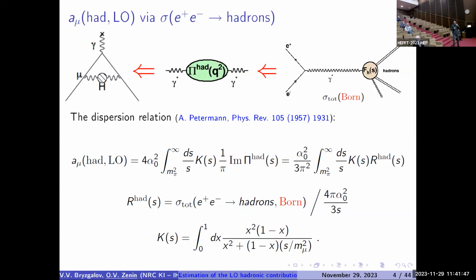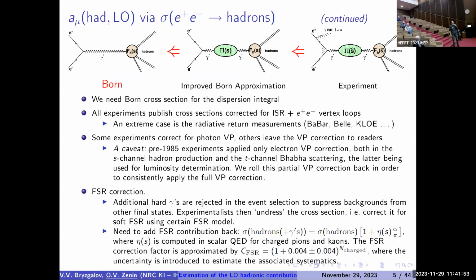Of course, the Born cross section is not measured directly in the experiment. Here on this sketch, I tried to show various processes that contribute to the final state, the observable final state.